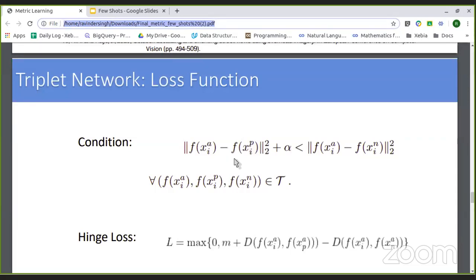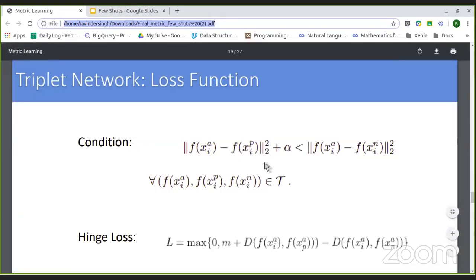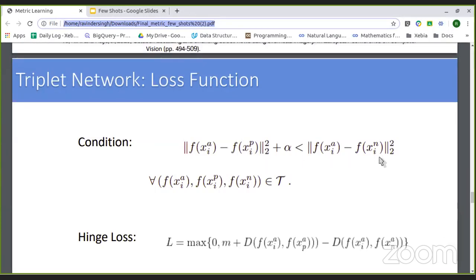Here another thing is alpha. So why are we taking that alpha? We need to include it because otherwise, if we remove alpha, there are two scenarios we can easily think about. One is, what if the system generates all the embeddings as zero? This equation will be easily satisfied if alpha is not there. So we need to put some margin in order to move away from this trivial solution.